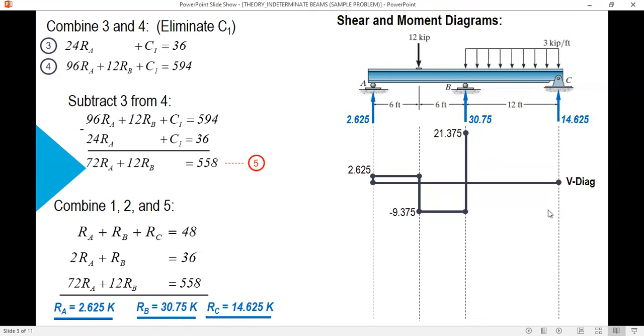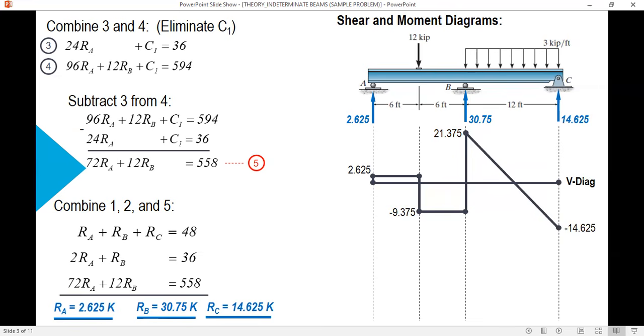And then from this one, we subtract the uniform load. 3 times 12, 36. That's negative, no? So 21.375 minus 36, and we have negative 14.625.